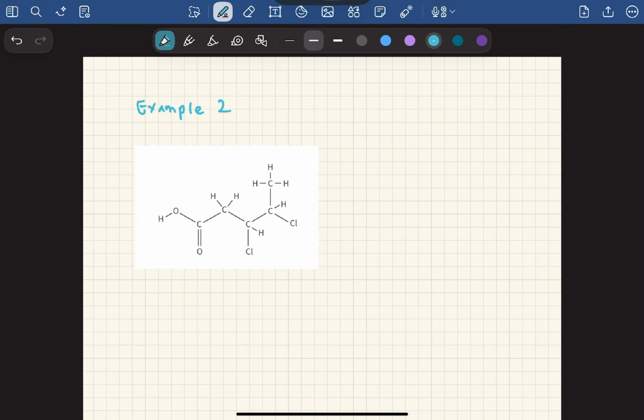Now let's look at a second example. All right, this one's slightly more complicated, but let's try to count our carbons again. So there's 1 carbon, 2, 3, 4, 5. So we see 5 carbons.